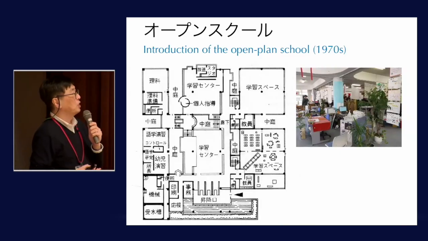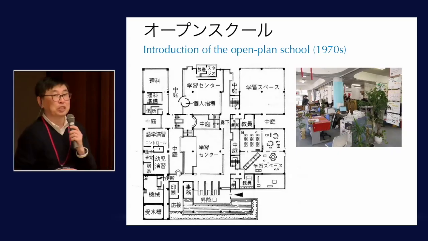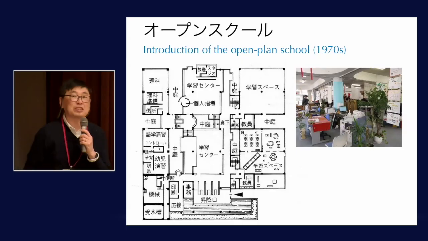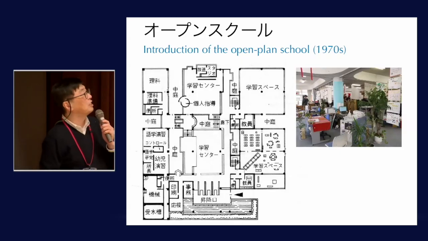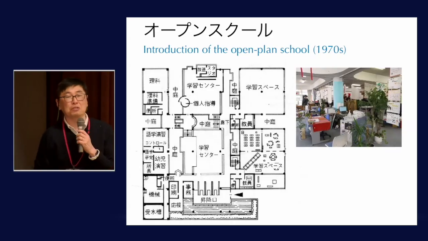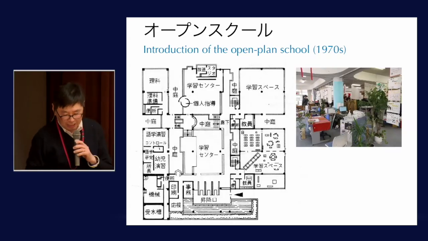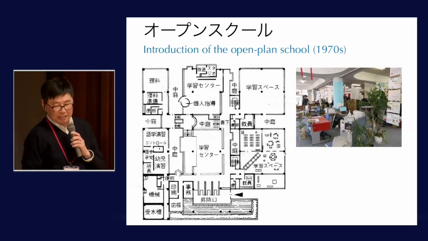Not only listening to the teacher's explanation, but also students trying to work proactively on some of the study. So whole class instruction was changing in this age. This inspiration comes from European countries.